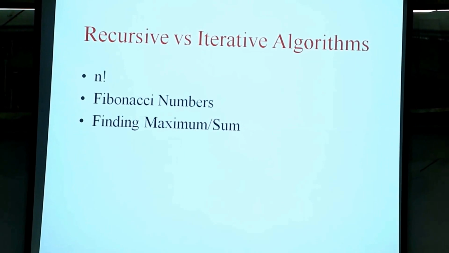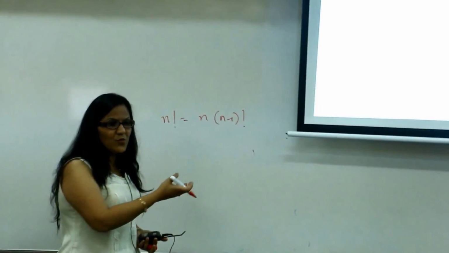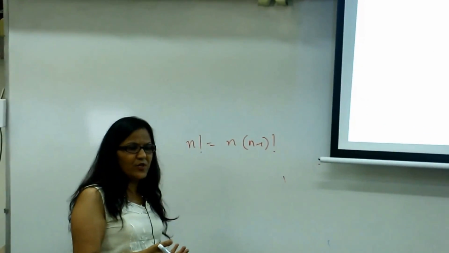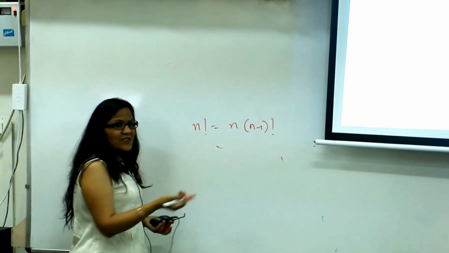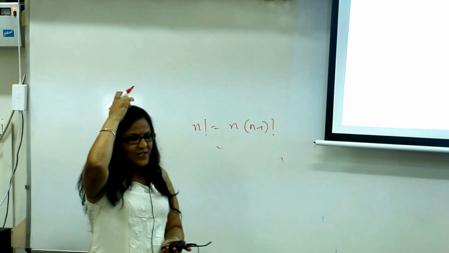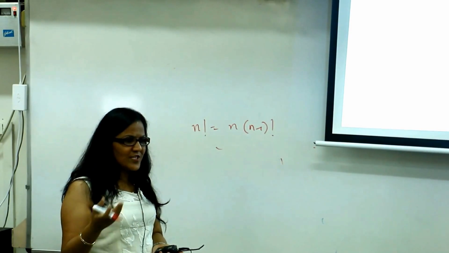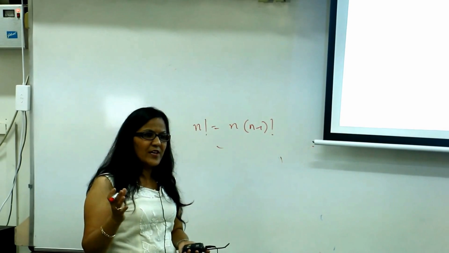So when a child is given a problem to write an algorithm for factorial, the first thing that will come to their mind is to write a recursive algorithm, right? And I think in class also the first example that we give for recursion is this, and that's what they learn for the whole of their life.